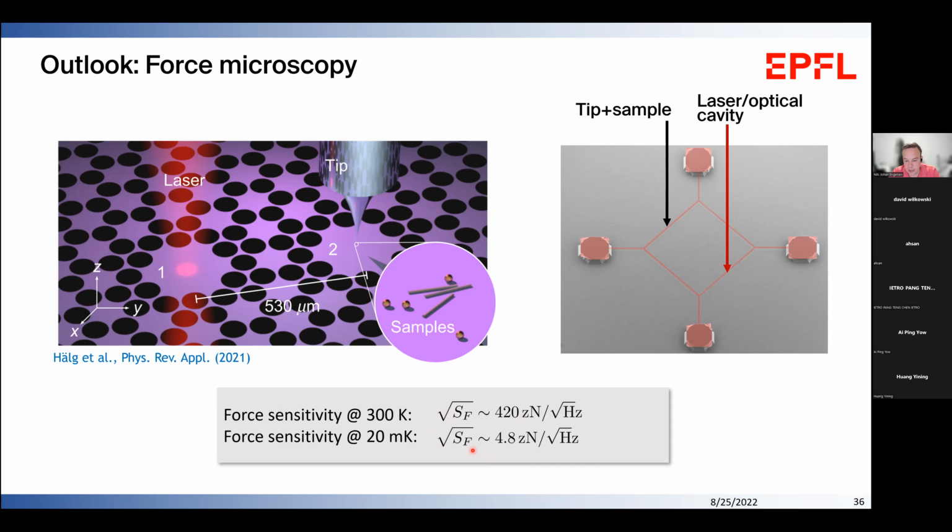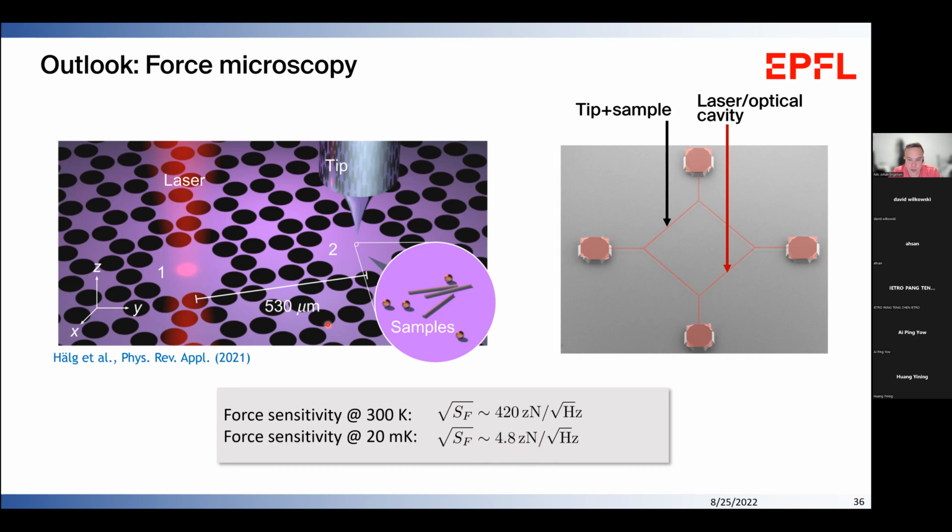So at 20 millikelvin, even if we don't account for the increase in mechanical quality factor that should happen when you cool down to such low temperature, we could reach force sensitivities in the single-digit zeptonewtons per root hertz, which is much better than any other system to date, at least any bulk mechanical system like this.